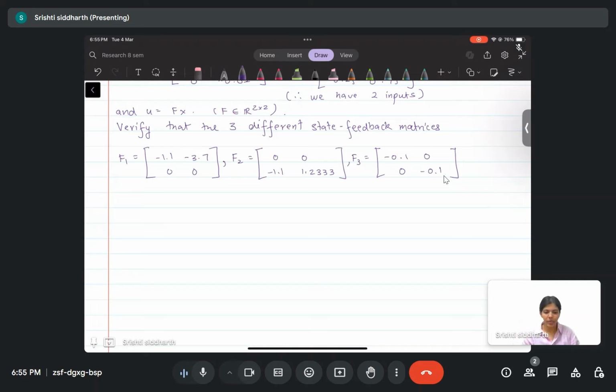So verify that these three different state feedback matrices all of them assign the closed loop eigenvalues at the same locations: -0.5 plus minus j 0.0544.